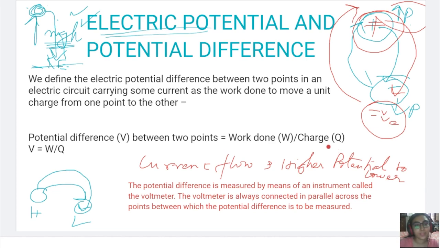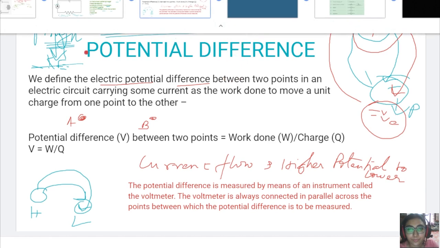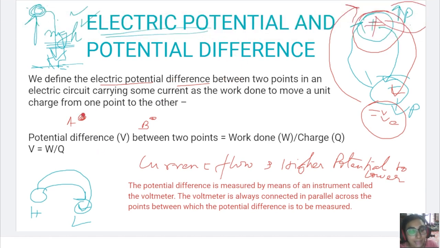Okay. So now coming to the definition of it, electrical potential difference. Okay, so what is electrical potential difference? So if I tell you that this is point A, this is point B, and A is at a higher potential and B is at a lower potential.